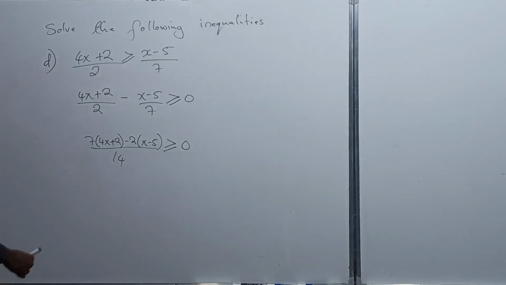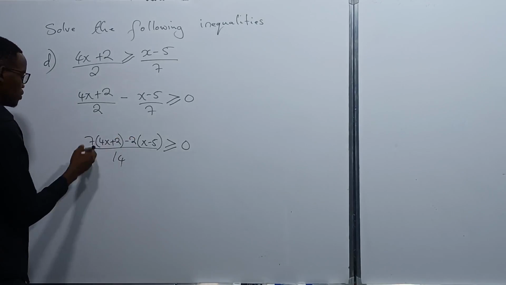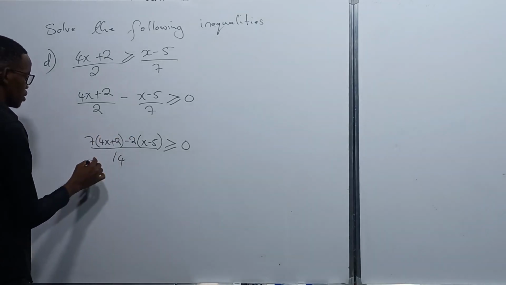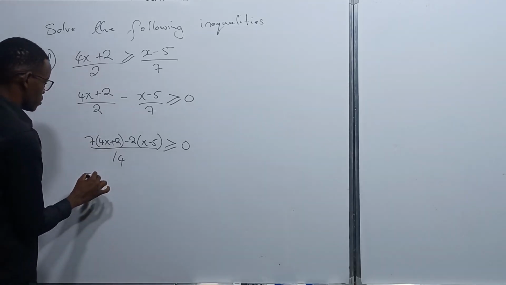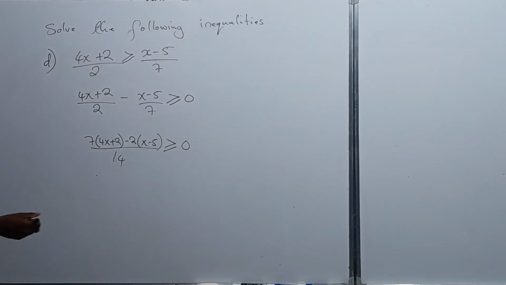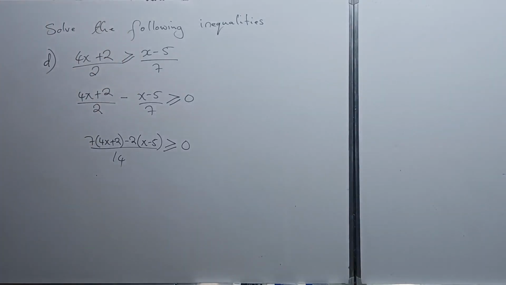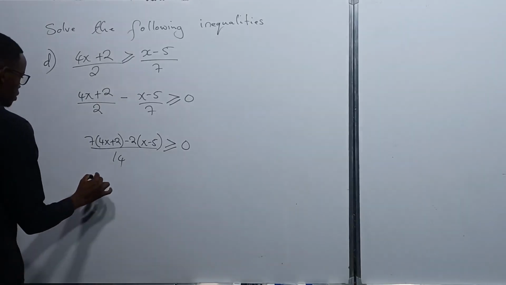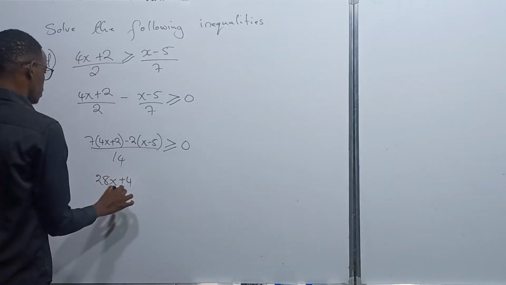Now we distribute throughout. If we distribute the 7, we're going to have 7 times 4, which gives us 28x plus 14.